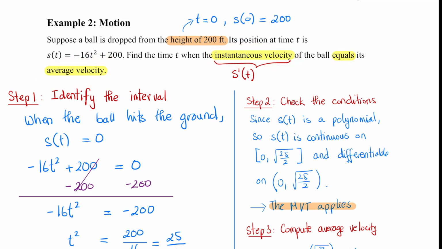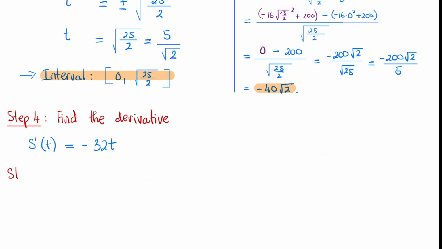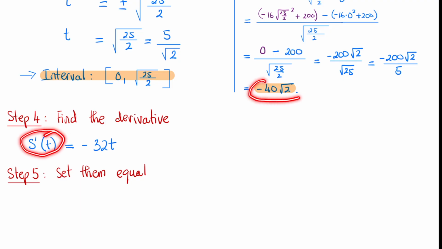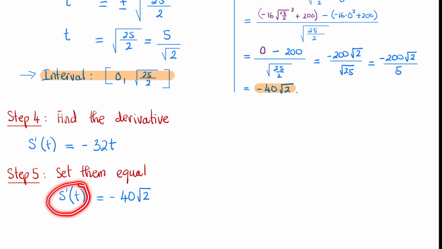So next, I let S prime of t equal the average velocity, and then solve for t. I want to set S prime of t equal to negative 40 times root 2. And S prime of t is negative 32t.